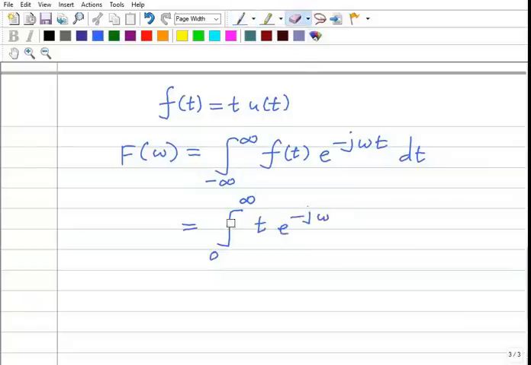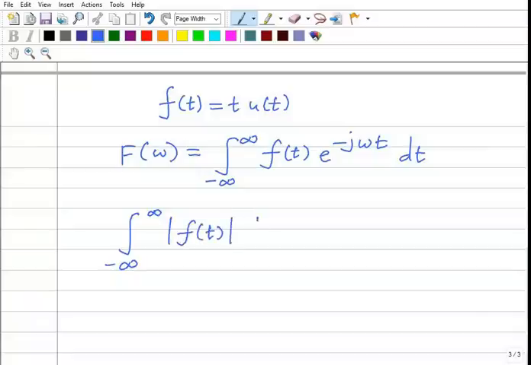Sorry, this is not required. Actually, we need to check this condition: the integral from minus infinity to plus infinity of absolute f of t dt. No need to take the Fourier transform. Substitute here: integral 0 to infinity of t dt.